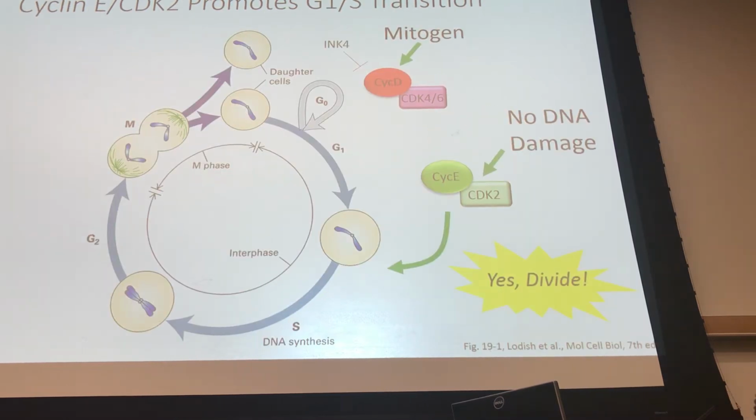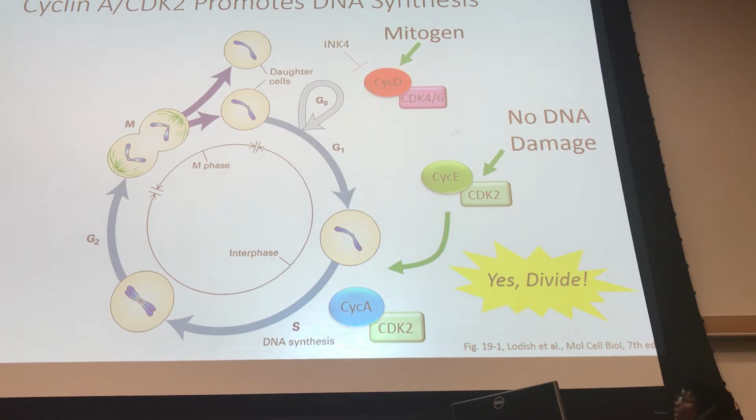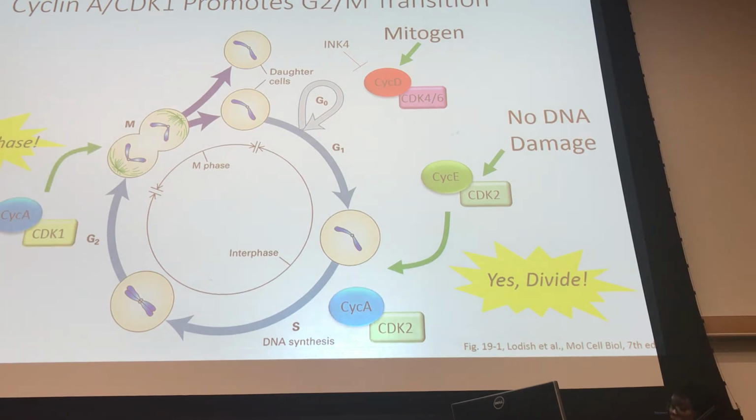All right, so if everything's good, then yes, the cell is going to proceed forward and enter into M phase. However, we have a checkpoint here, so if DNA damage happens, P53 can block CDK1 activity.